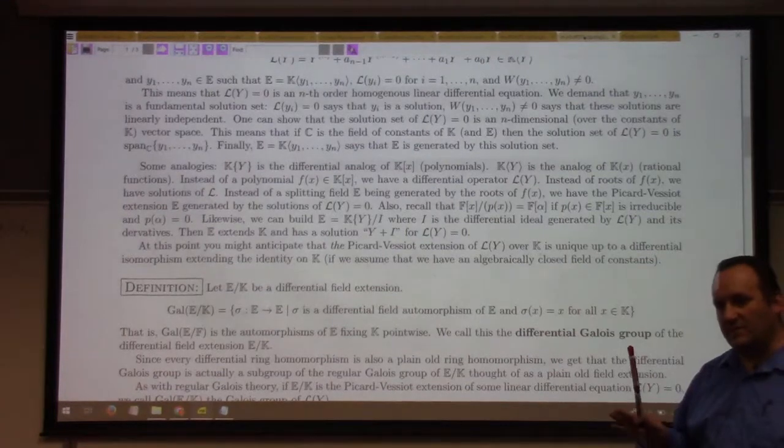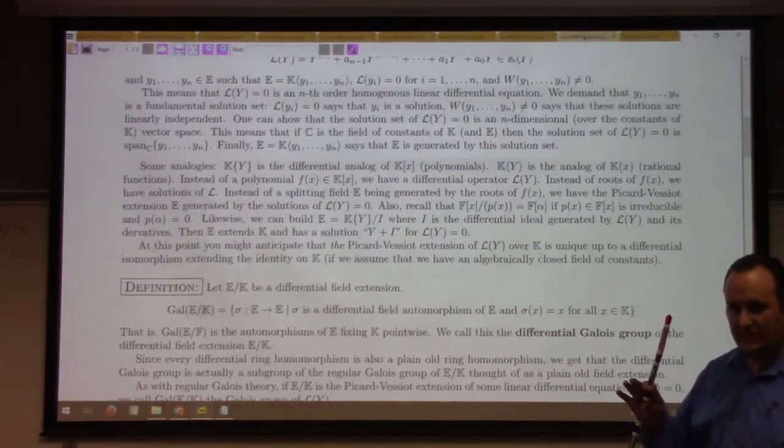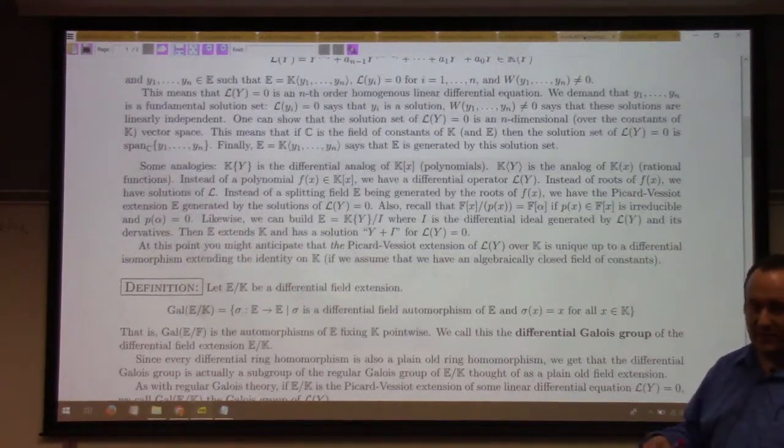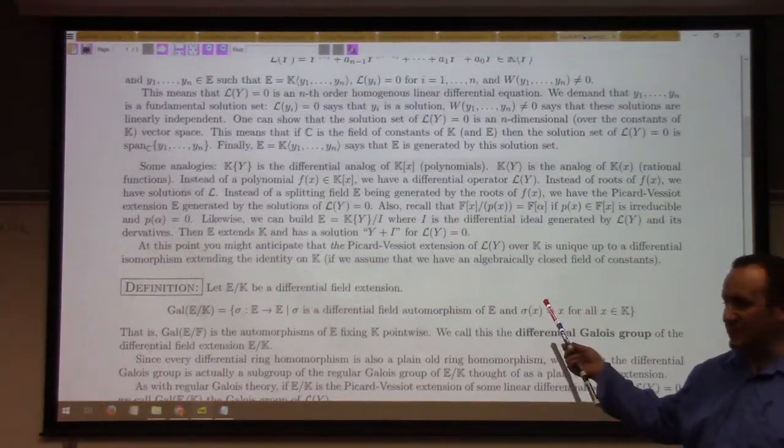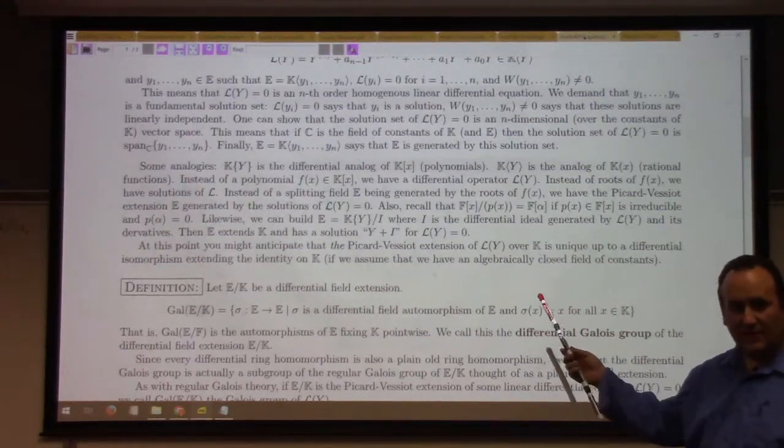If you've had differential equations, you've seen this. Function space is infinite dimensional, right? But linear algebra in differential equations seems very finite dimensional. The Wronskian is the determinant of a square matrix. If function space is infinite dimensional, how are you getting away with taking Wronskians of finitely many things?